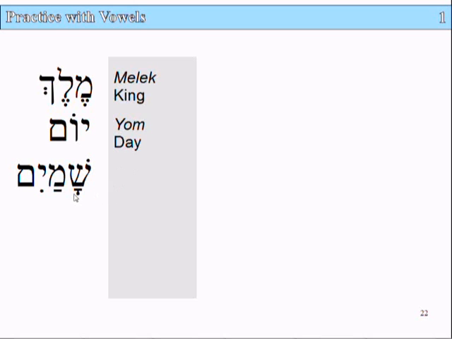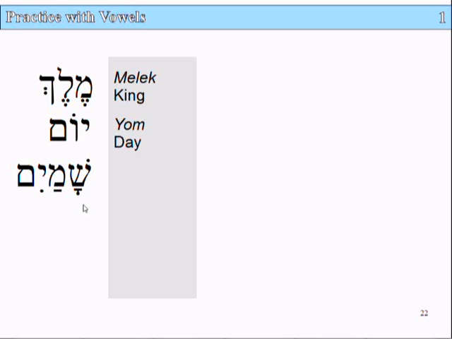Important thing is to learn these vowels. So just think of these as just extra letters that you have to learn. There's only 3 or 4, 5 main ones, and a few different variations. So this is the word Shemaim, and this appears in the first sentence of Genesis.